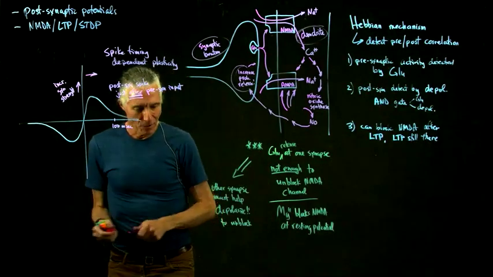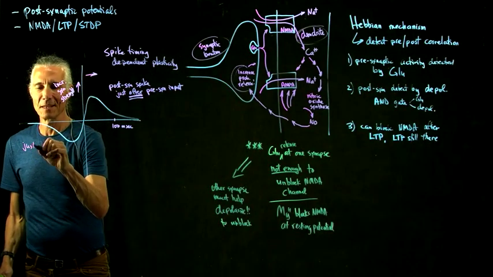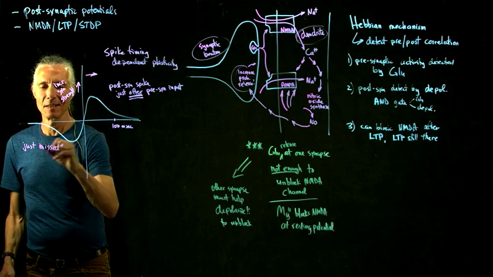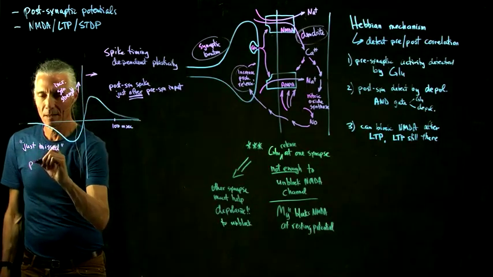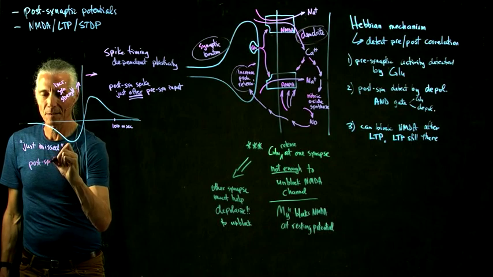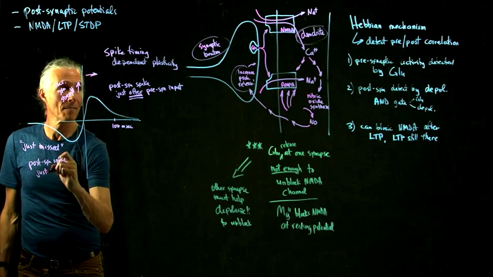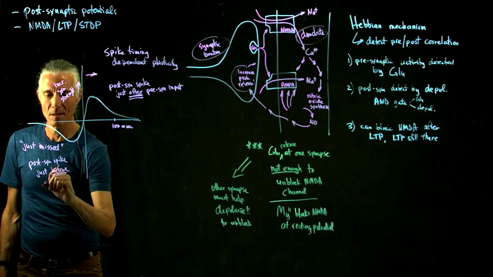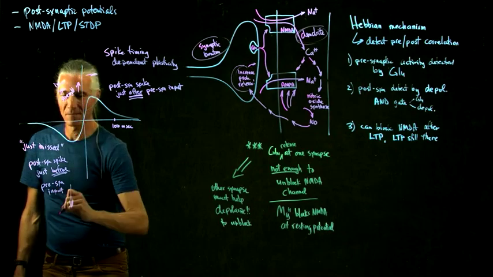On the other hand, if you just miss, so this is postsynaptic spike just before presynaptic input, then you go down.